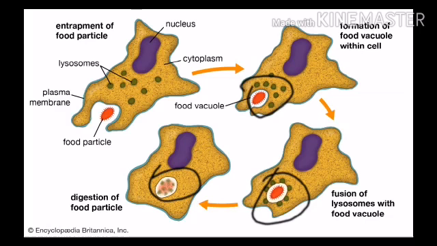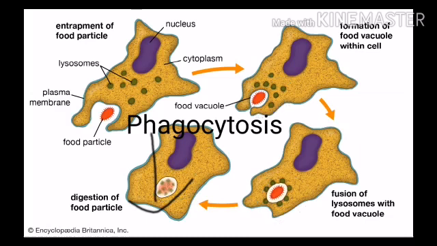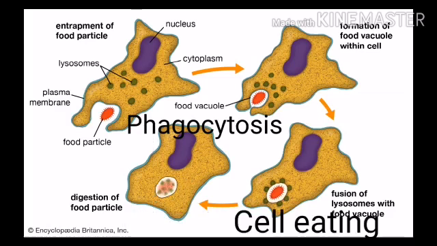This process where you are engulfing large things, we call phagocytosis. The prefix phago comes from the Greek for to eat. So this is literally cell eating.